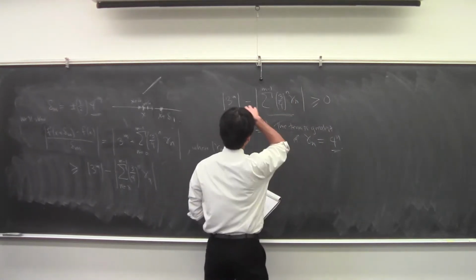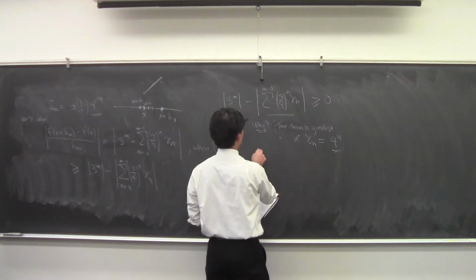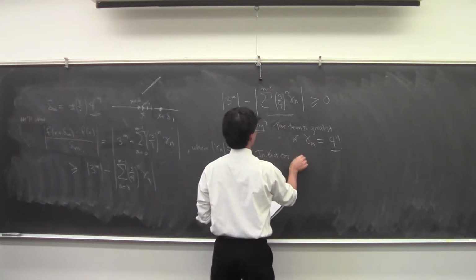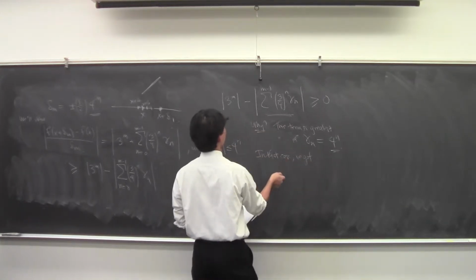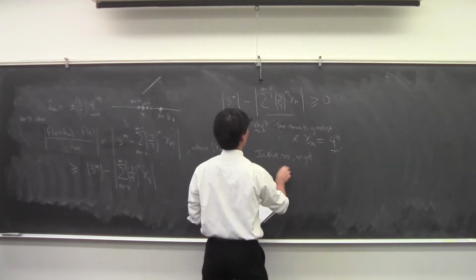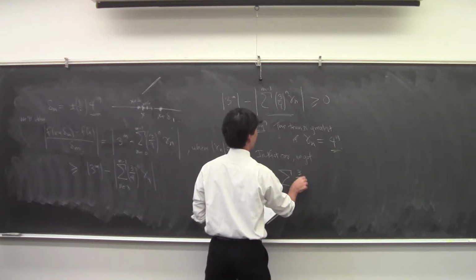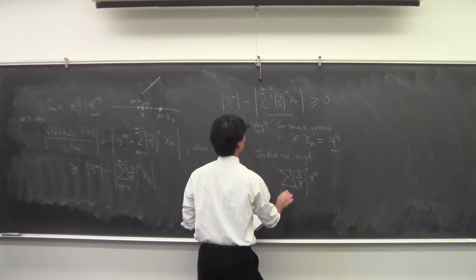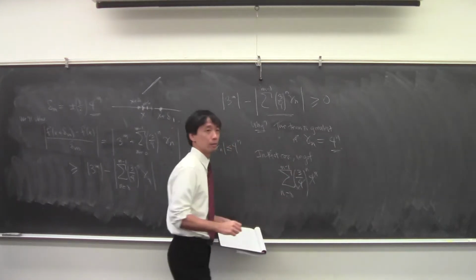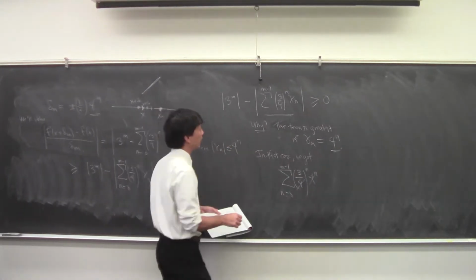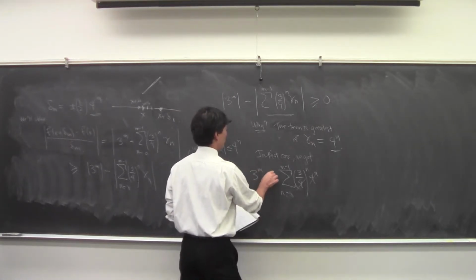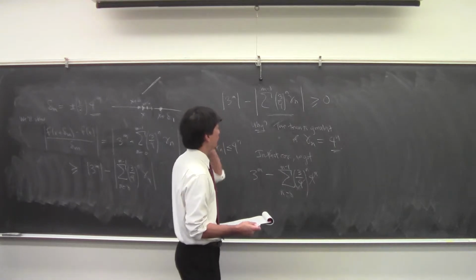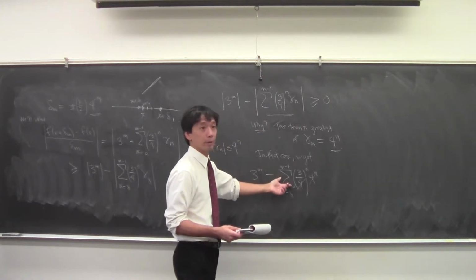So in that case, we get the summation of 3 to the n, 4 to the n, as n goes from 0 to m minus 1. So you get 3 to the m minus this thing, right? But that's still going to be positive.